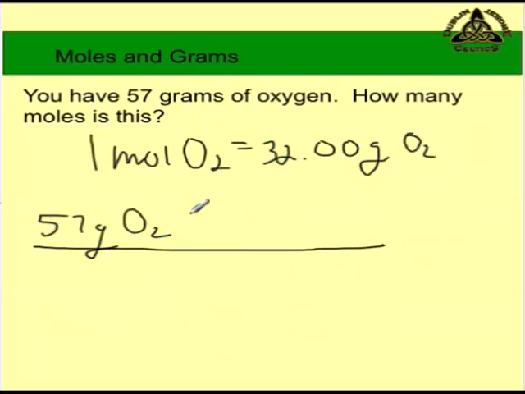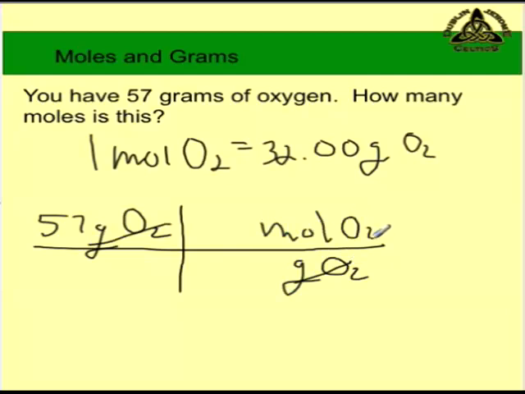We'll use dimensional analysis to guide us along. That means I have to put grams of O2 in the denominator so that these units cancel. I have a relationship between grams and moles, so I can put moles of O2 up here. 1 mole of O2 is 32.00 grams of O2.